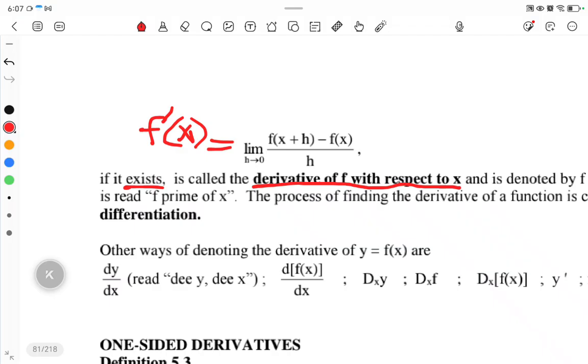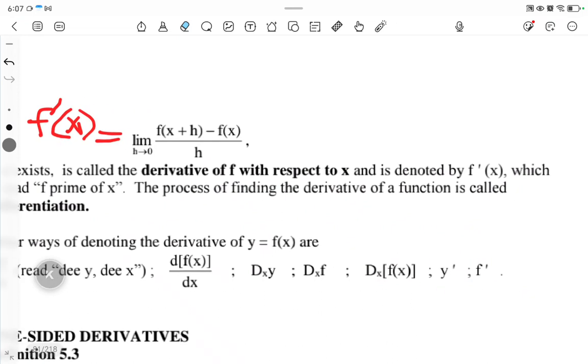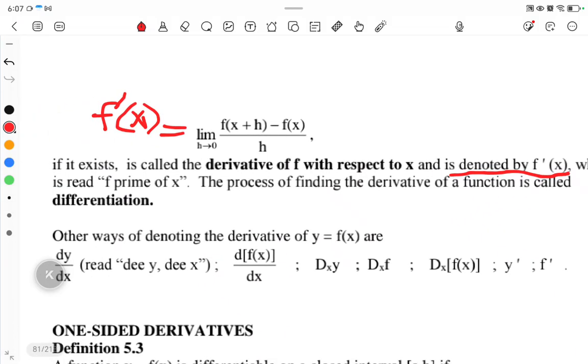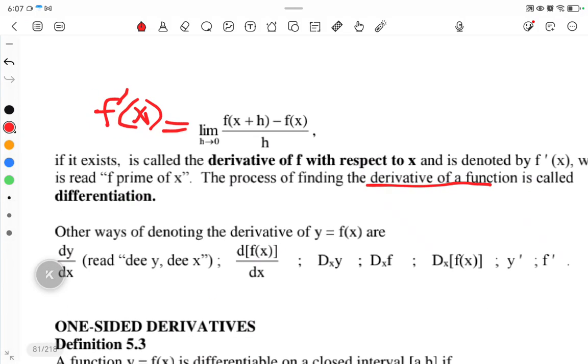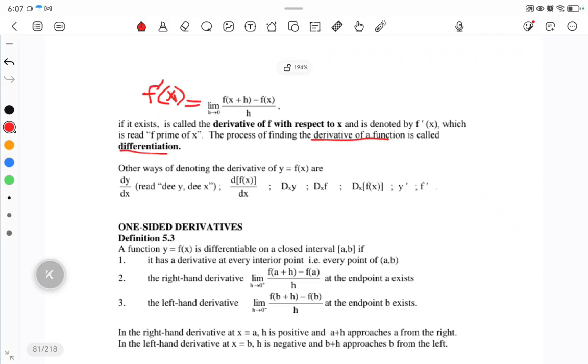They say that it is denoted by f prime of x, which is read as f prime of x. So now they say the process of finding the derivative of a function is called differentiation, right?